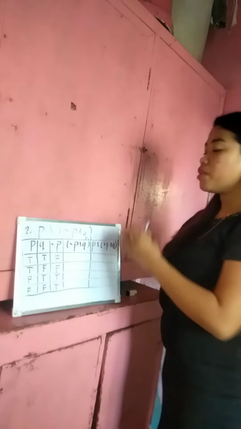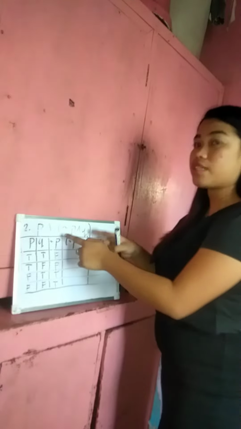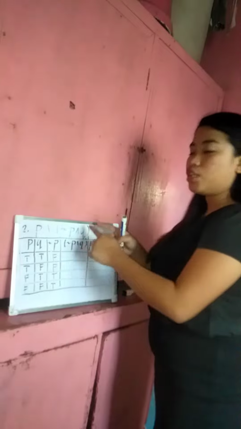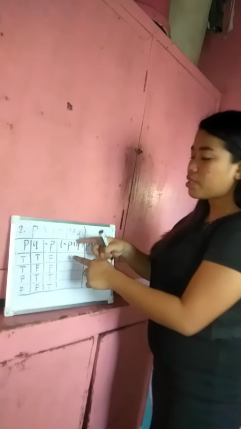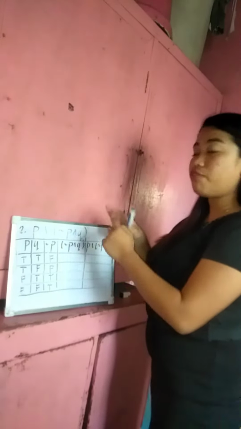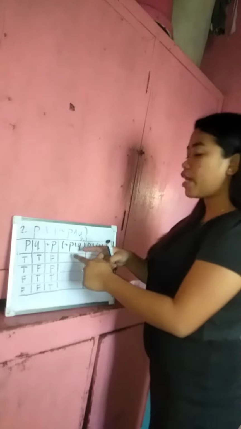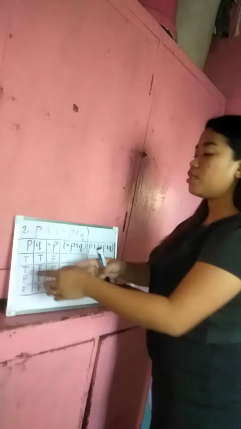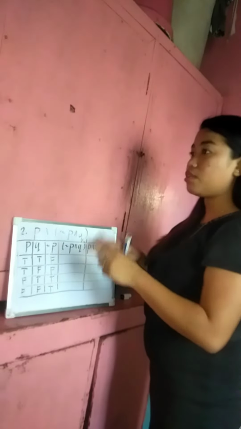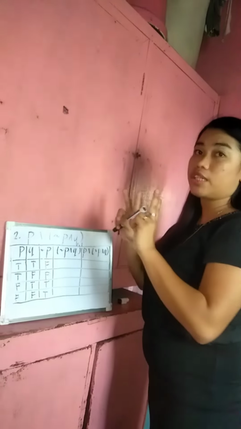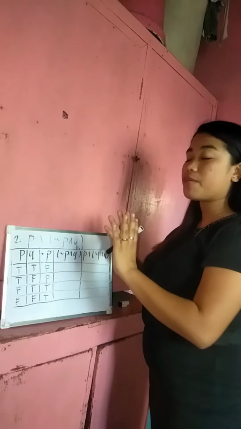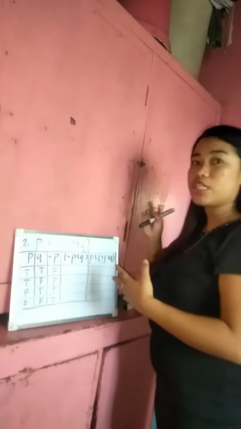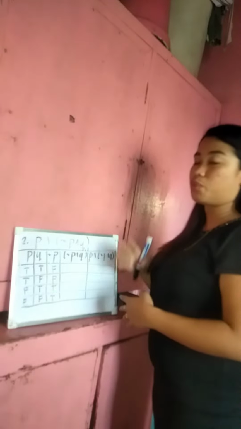After that, we will first find the inside of these parentheses, the negation of P and Q. As you've noticed, we have a symbol here, the inverted V. This is and, right? In this symbol, we have a rule that the two statements will only be true if both statements are true. So if one is false, the entire statement would be false.